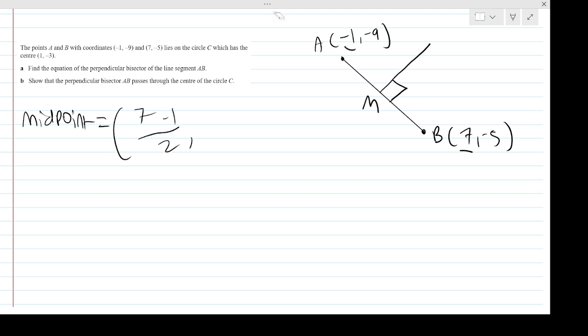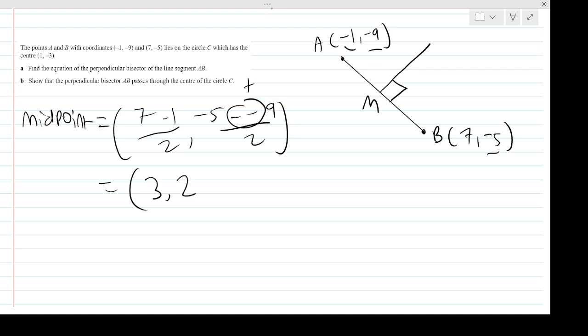Then we do the y, minus 5, sorry, that is a minus 5, minus minus 9 over 2. And that will go to 7 minus 1 is 6 over 2, that'd be 3. Minus 5, and that'd be a double negative, a plus. Minus 5 plus 9, that'd be 4 over 2, that'd be 2. Okay, so that's our midpoint. So we can say that's 3, 2.